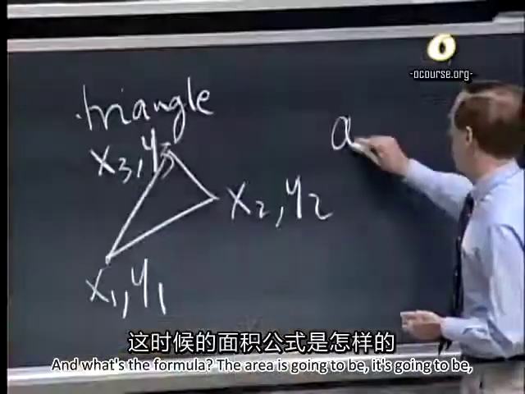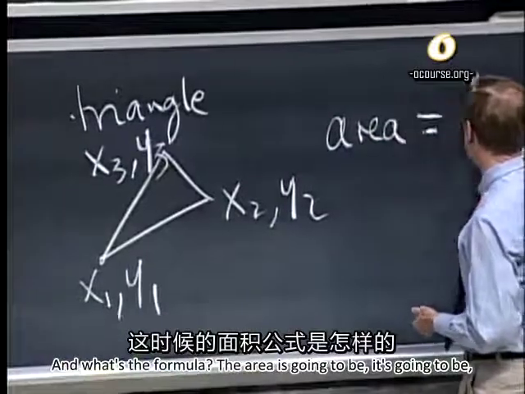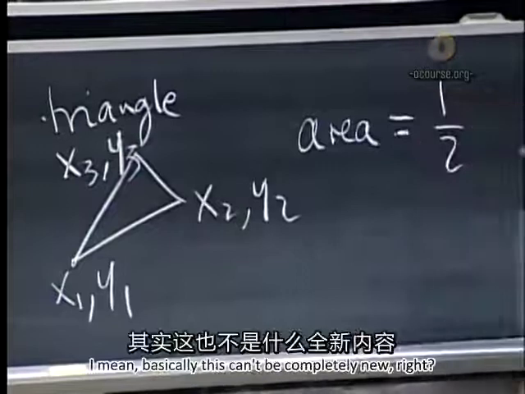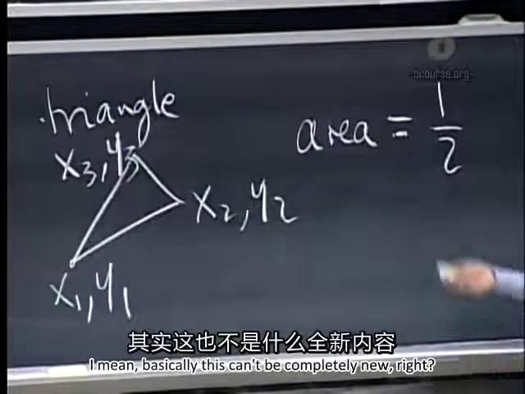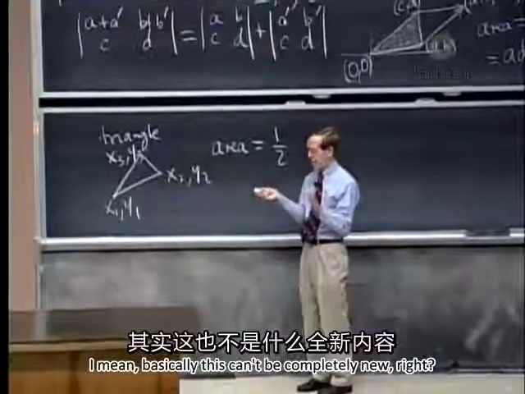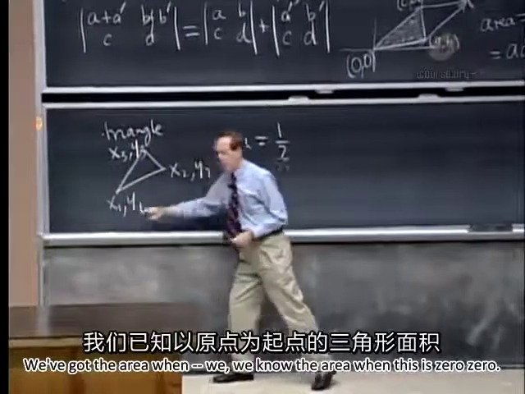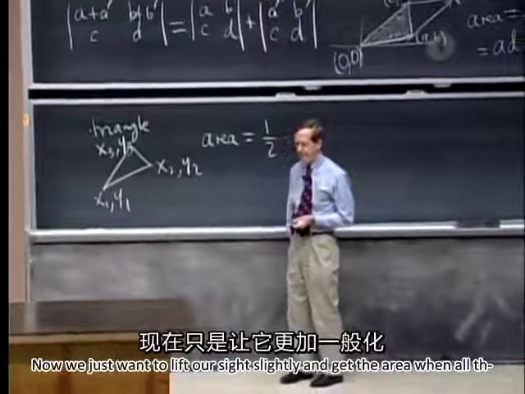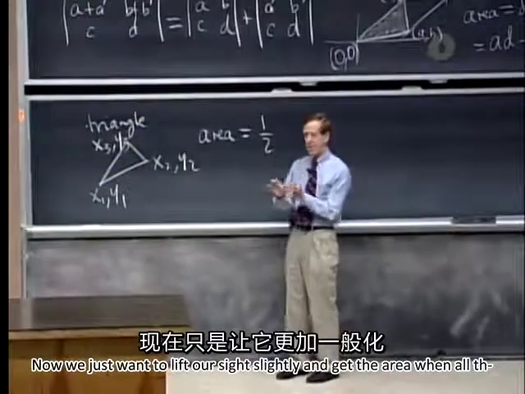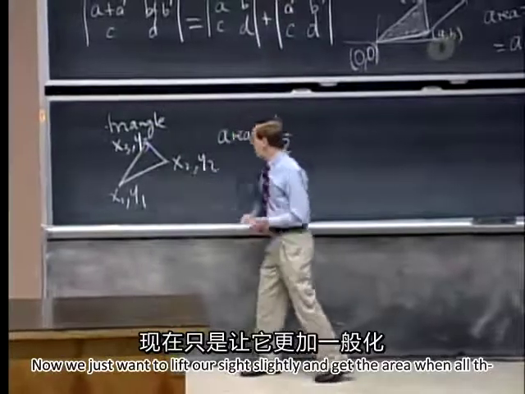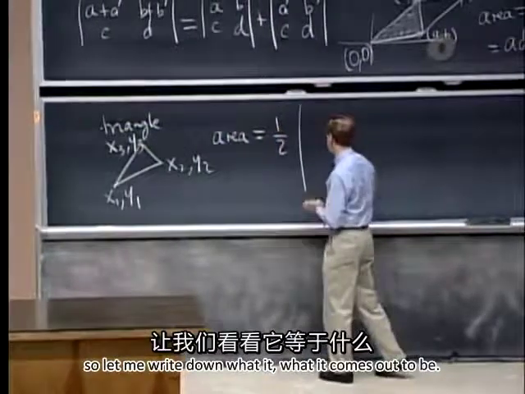And what's the formula? The area is going to be half of a parallelogram. Basically, this can't be completely new, right? We know the area when this is 0, 0. Now we just want to lift our sights slightly, so let me write down what it comes out to be.